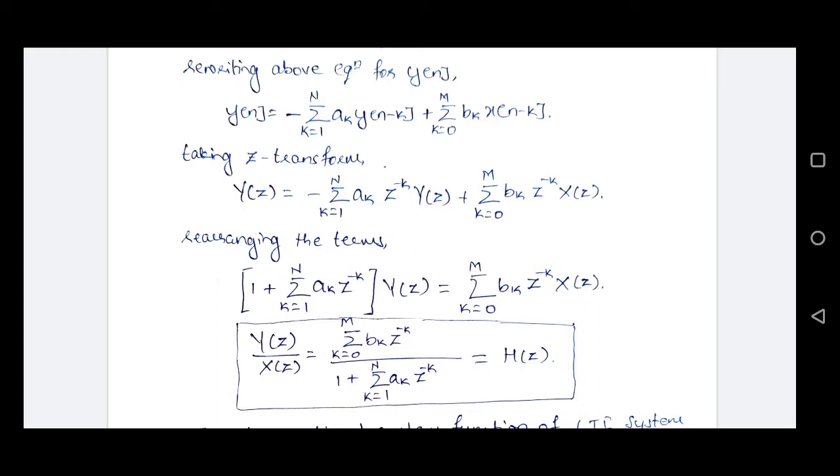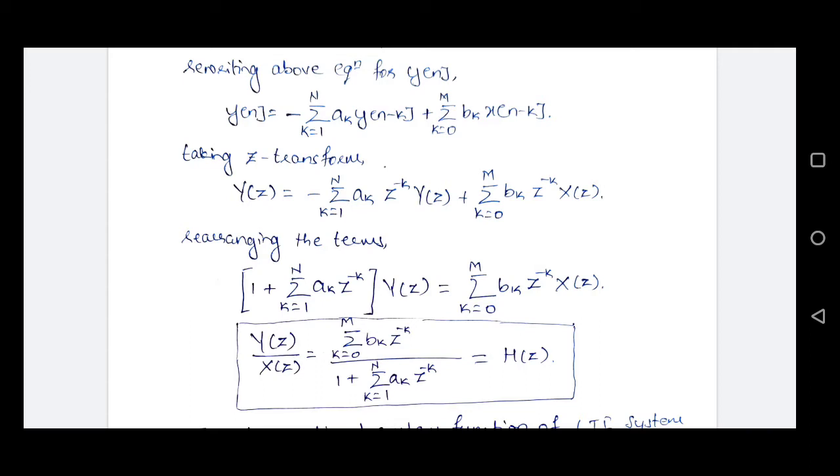So according to the property, y of n minus k z transform will be z to the power minus k y of z, plus summation k equals 0 to m bk will be written as it is, and x of n minus k z transform will be z to the power minus k x of z.